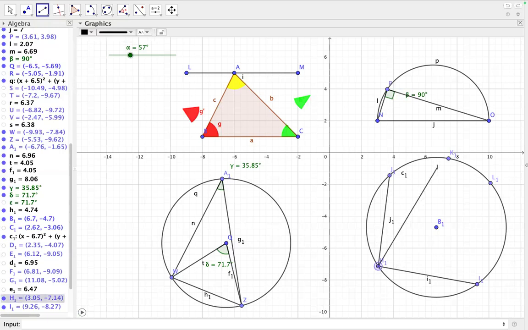to form 3 triangles. So this is what I'm talking about. 3 triangles.